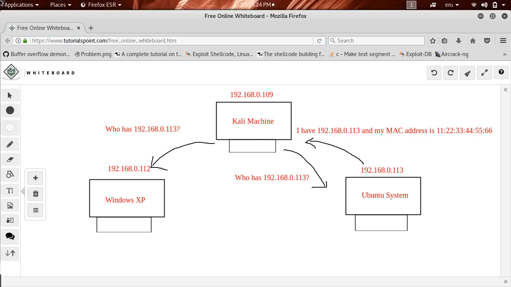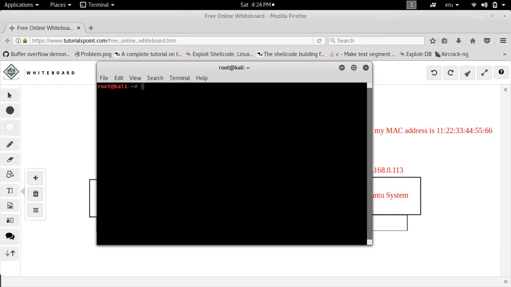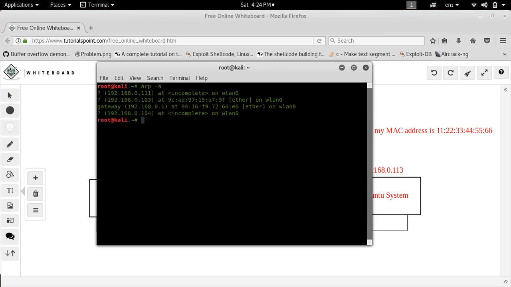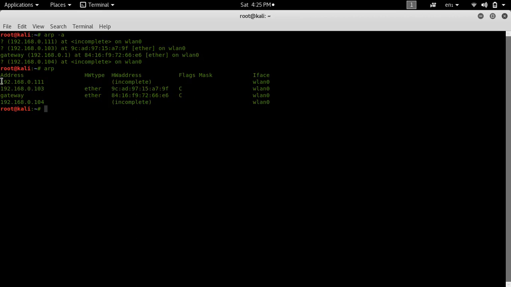What is the ARP cache table? It contains the information of all the IP addresses and their corresponding MAC addresses. You can see it using the arp command. As you can see, this IP address is associated with this one, and this one is incomplete.